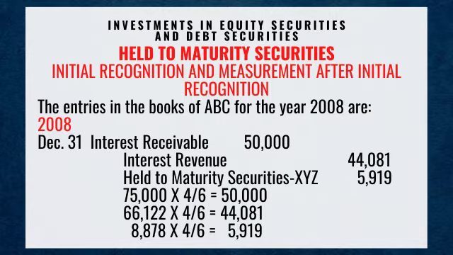75,000 pesos times 4 divided by 6 is equal to 50,000 pesos. 66,122 times 4 divided by 6 is equal to 44,081 pesos. 8,878 pesos times 4 divided by 6 is equal to 5,919 pesos.